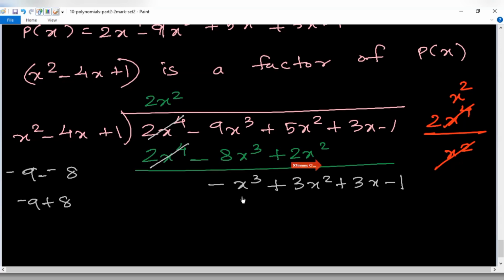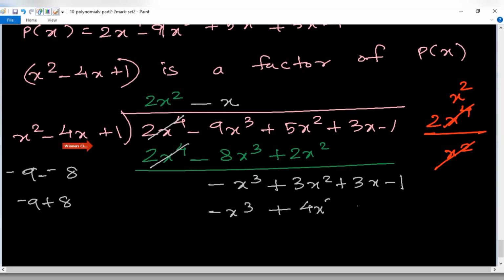Here minus x cube and here x square, when we divide, we get minus x. So minus x into x square is minus x cube, minus x into minus 4x is plus 4x square, and minus x into 1 is minus x.